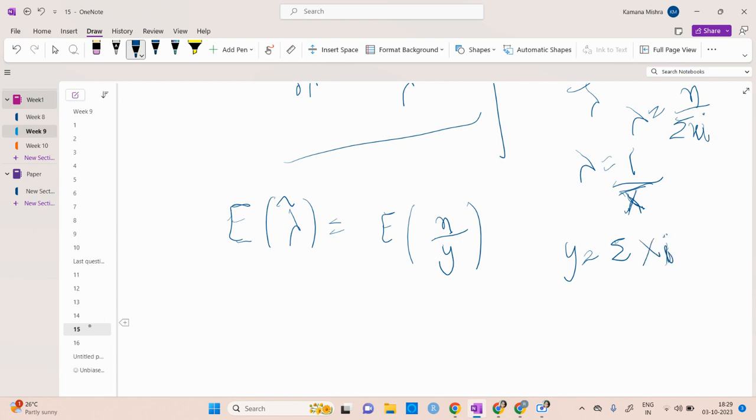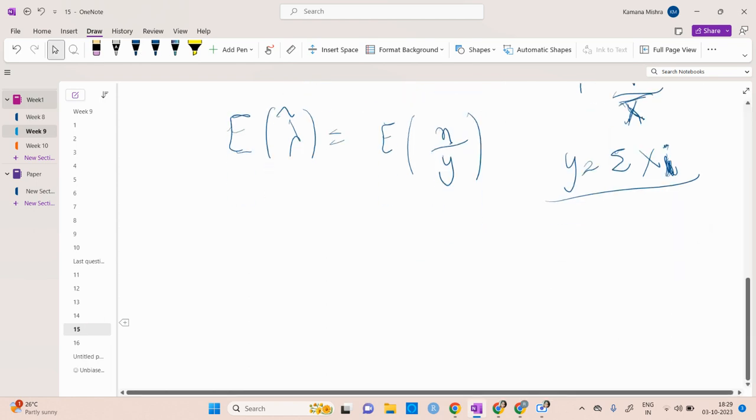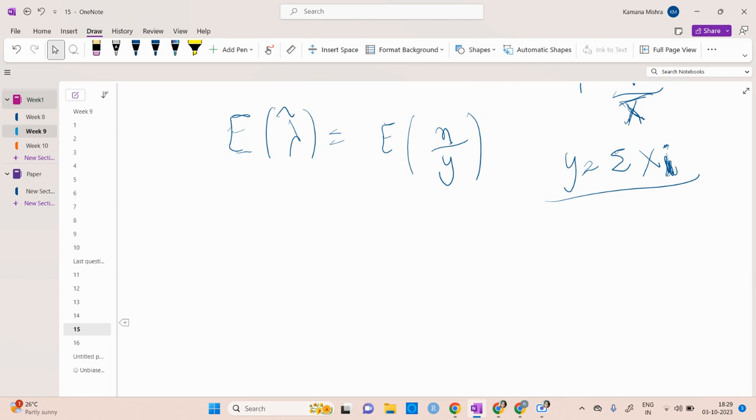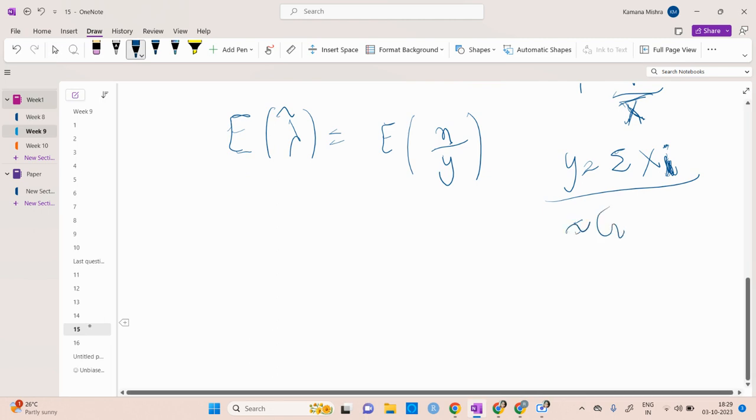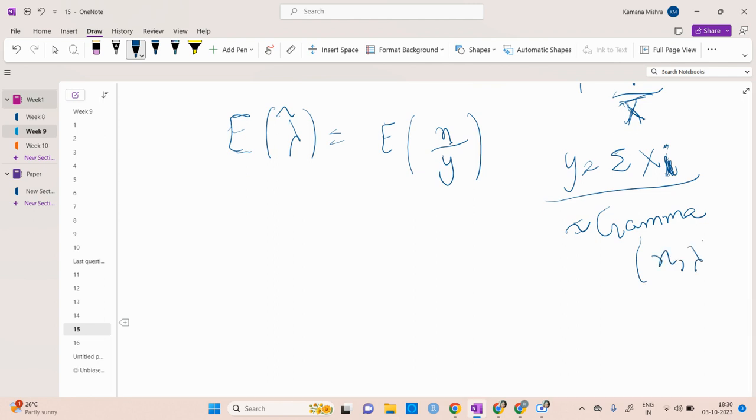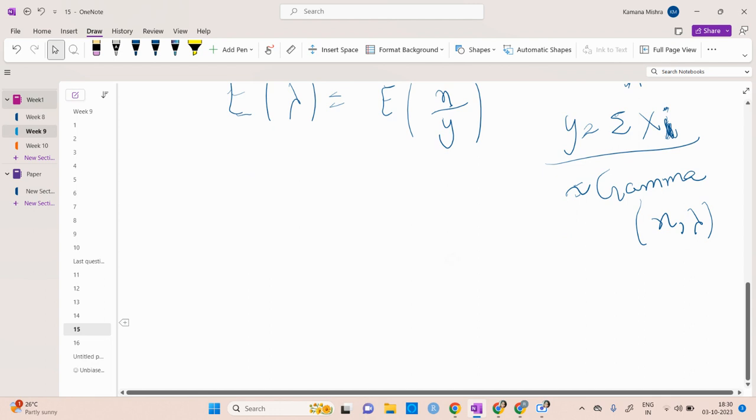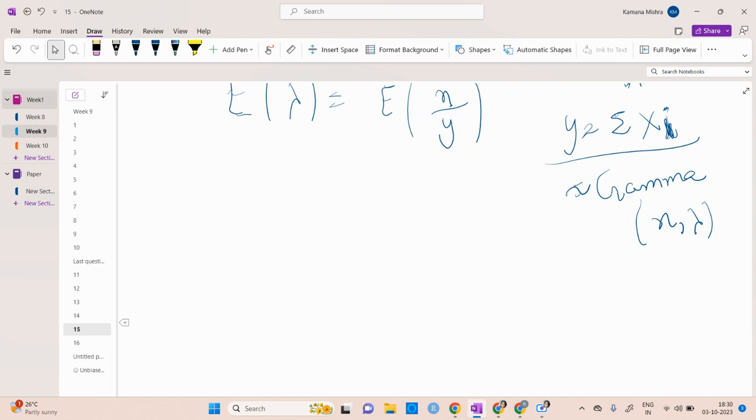If you remember what we found in the last class, if x1, x2 up to xn are following exponential distribution, then their summation, if we take it as variable y, follows the gamma distribution, gamma n comma lambda, right? Now if this expectation is equal to lambda, the real parameter, then we say that this lambda cap is the unbiased estimator, right?